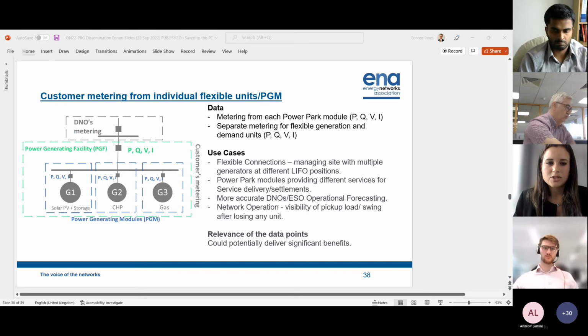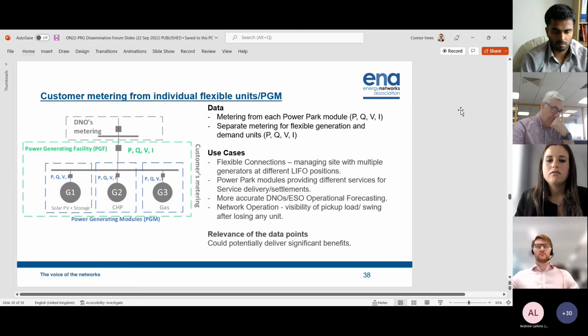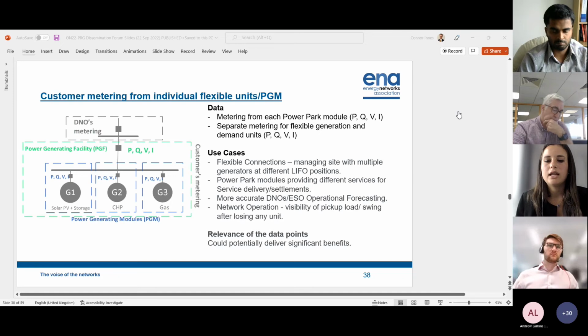The next one is network operation. Having visibility of the real-time output of each unit within a power generating facility gives a view of what the pickup load at any moment in time could be.